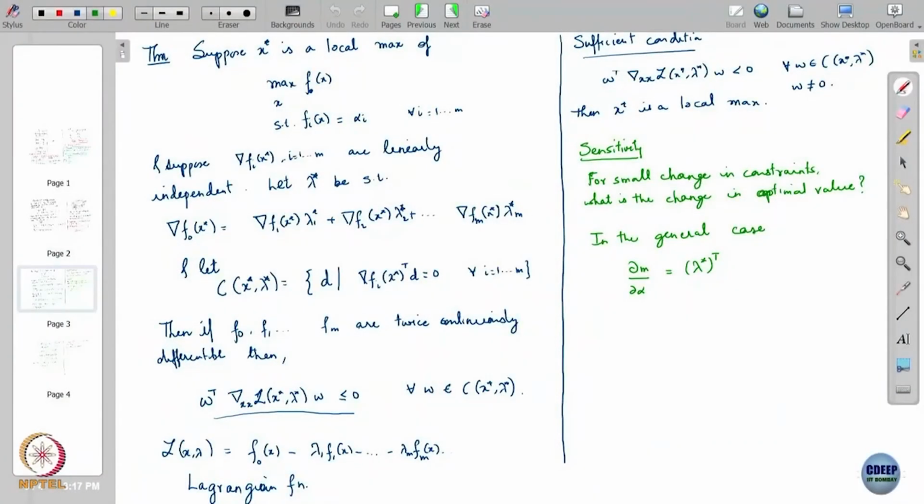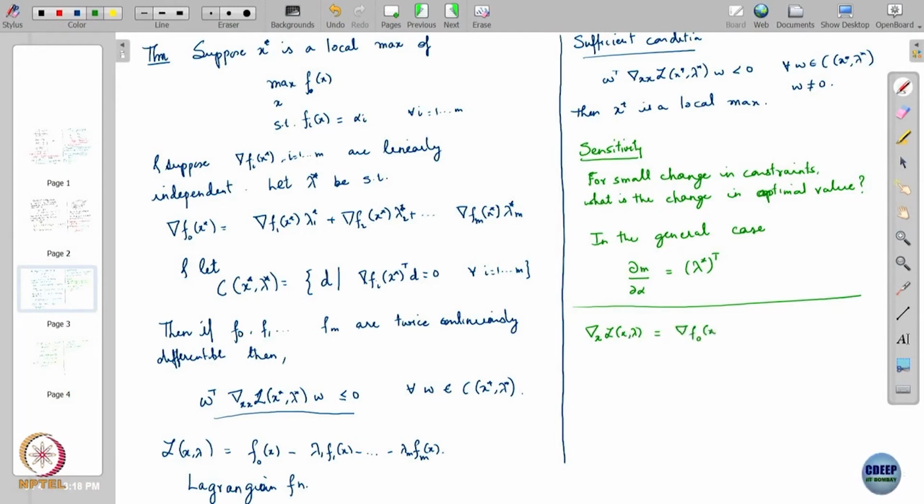So, remember this function L that I introduced. If you look at this function L, and just look at this quantity, the gradient with respect to x of L. What would that be?